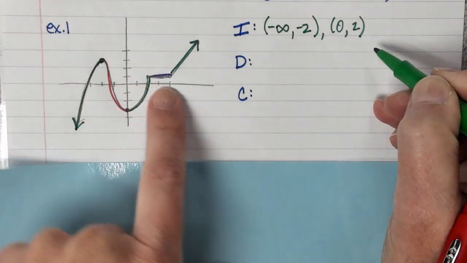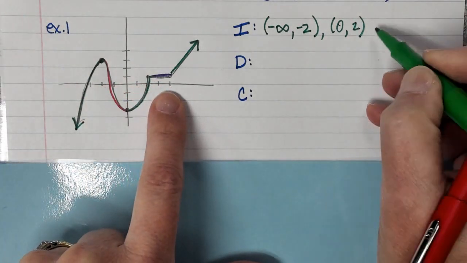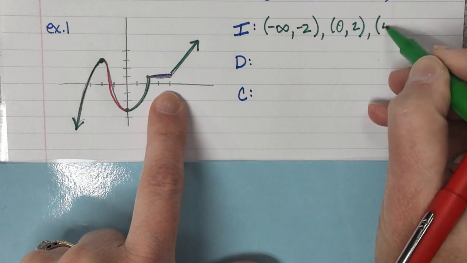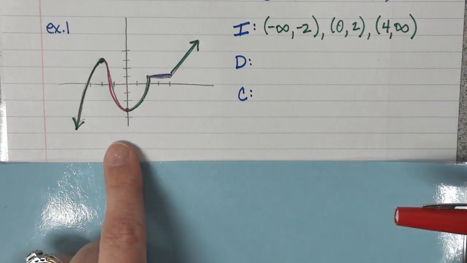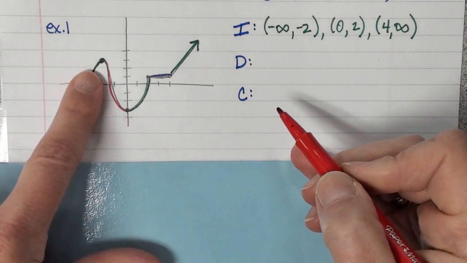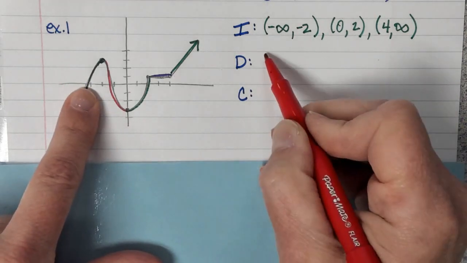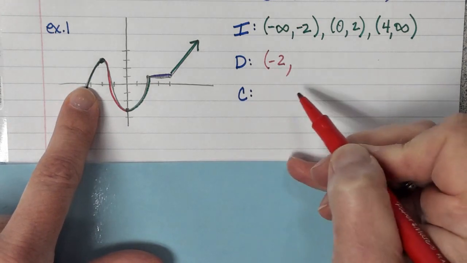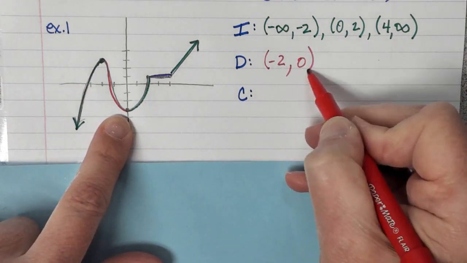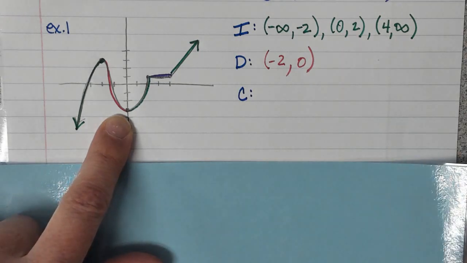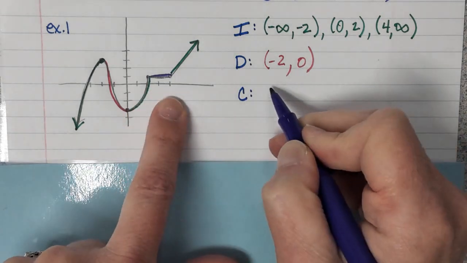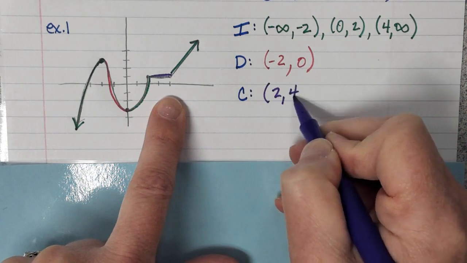And it increases here from 4 to infinity. Decreased. It went down here from when x was at negative 2 to 0. And it was constant on the interval 2 to 4.